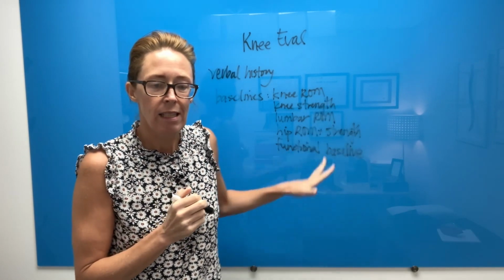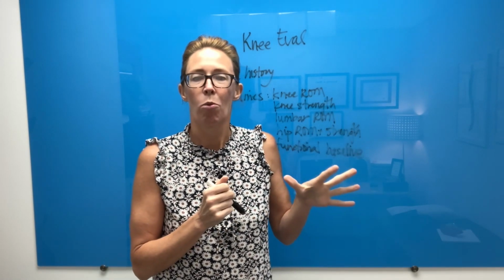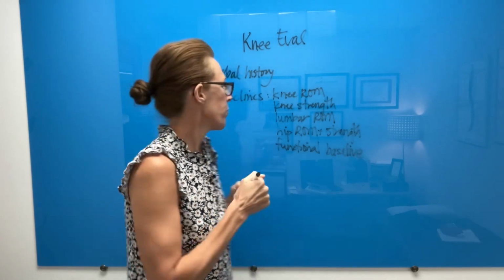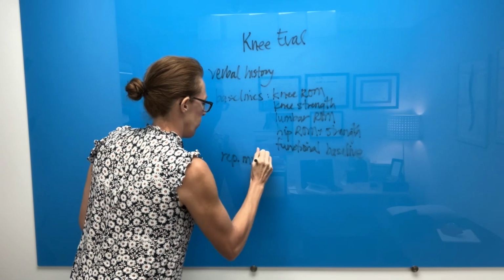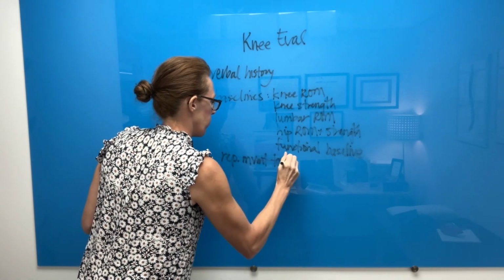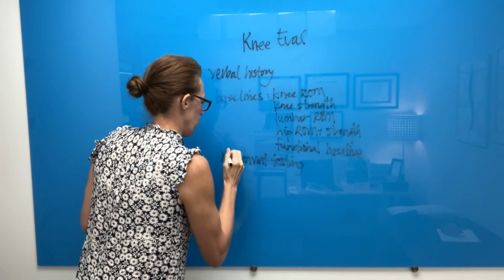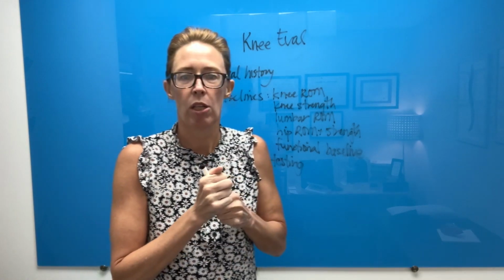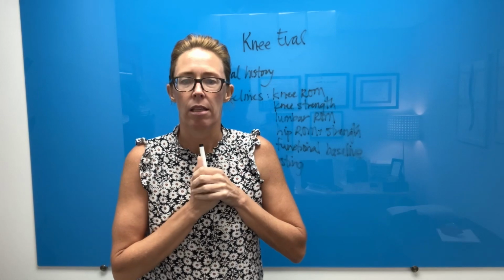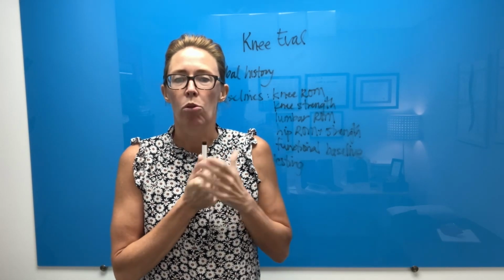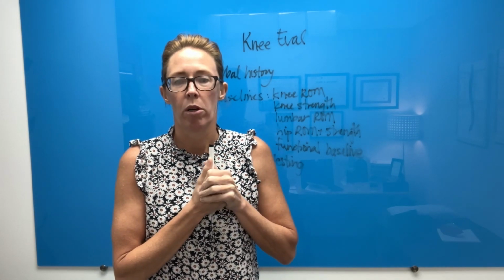So instead, though, my trajectory almost always is repeated movement testing. Now, if something in the verbal history and the mechanical taking is telling me that I think this is lumbar related, I will start with repeated movement testing of the lumbar spine.